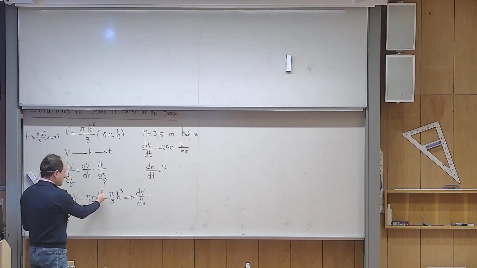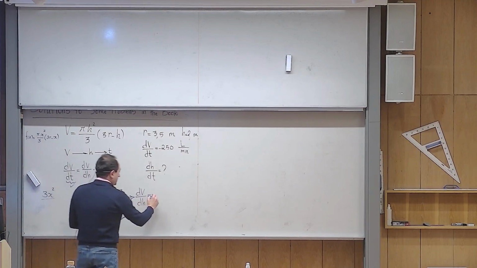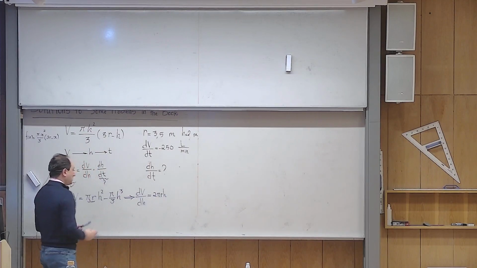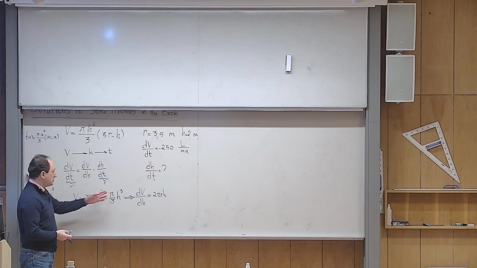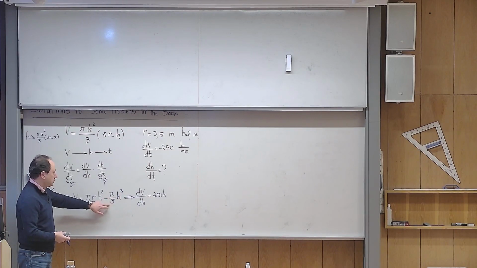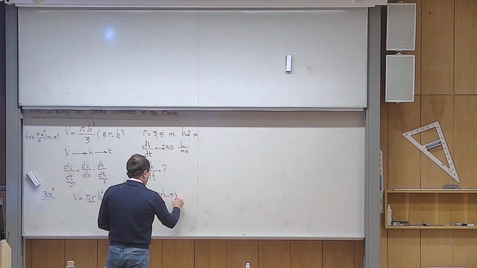So this becomes 2h goes down, instead of putting 2 here, I put 2 there, so it becomes 2 pi r h. Yes? And then what is the next one? Again, pi is a constant, 3 is a constant, so I don't care about this part. The derivative of that one is 3h squared, and that 3 are cancelled, so it becomes minus pi h squared.